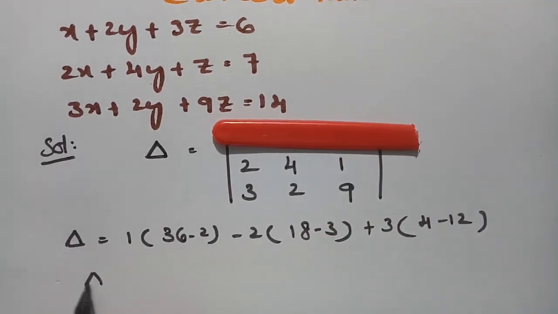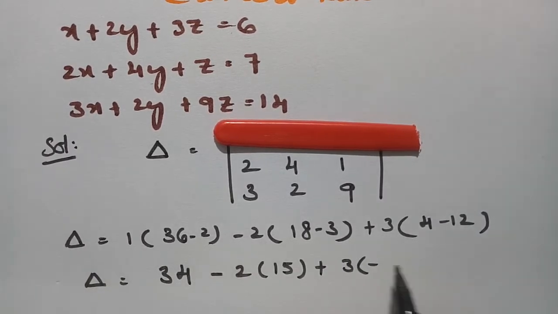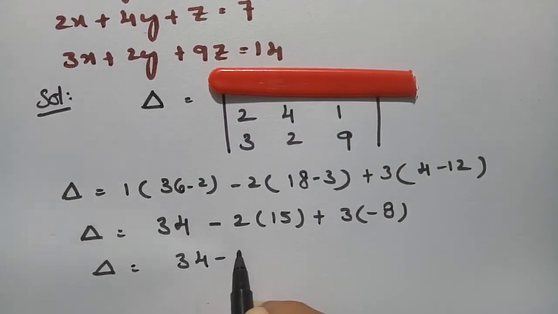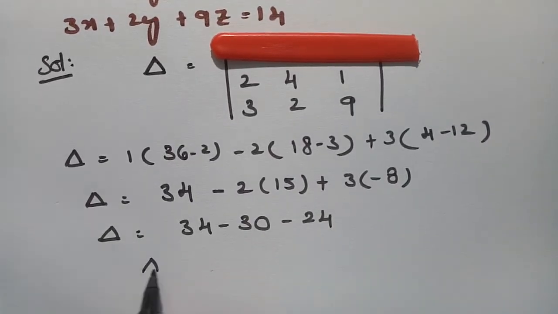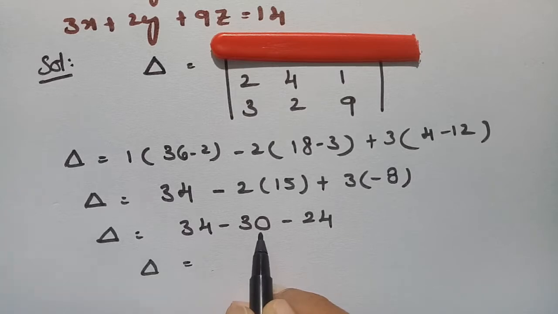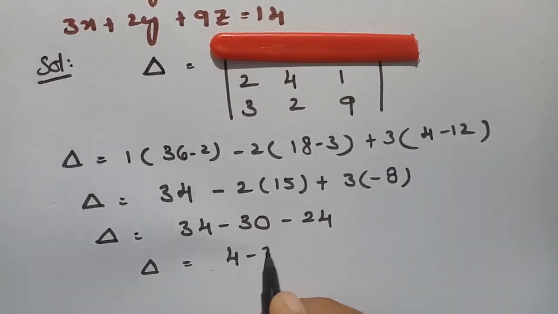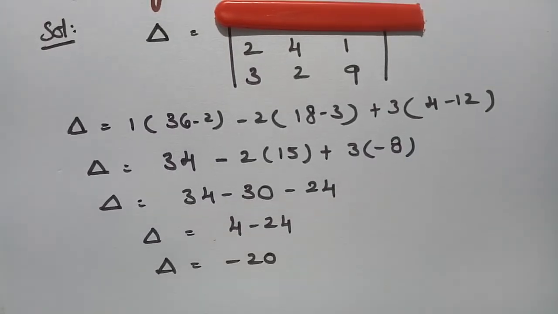Our delta value is 34 minus 2 times 15 plus 3 times minus 8. So delta is 34 minus 30 minus 24, which is plus 4 minus 24. Therefore our delta value is minus 20.